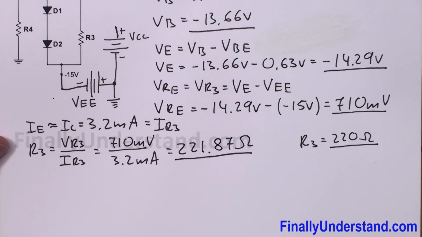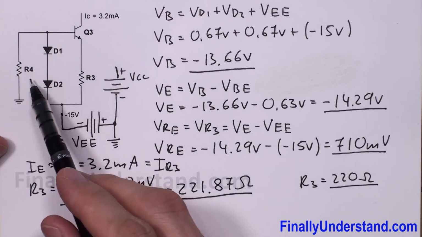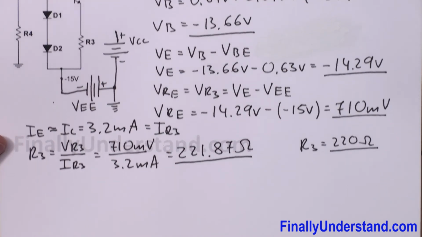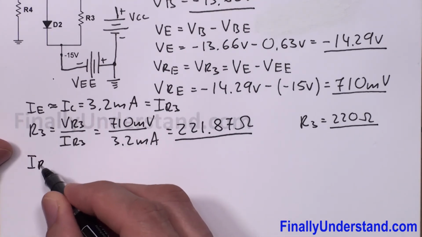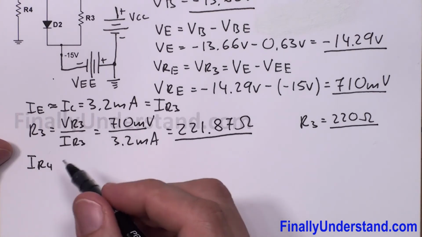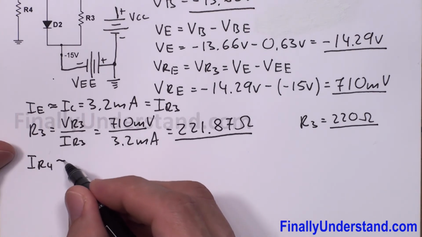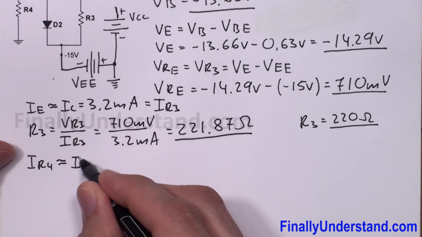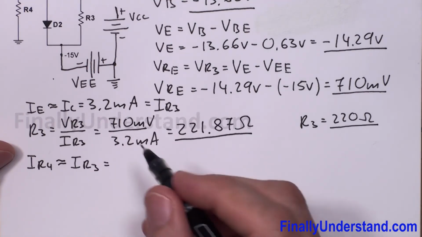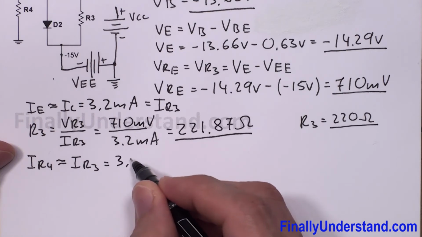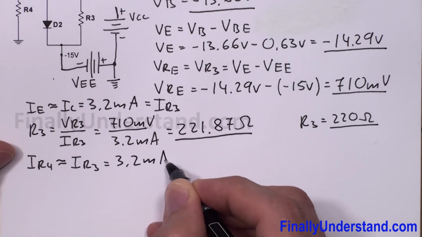Okay, so next, in order to find resistance R4, you're supposed to keep in mind that IR4 is approximately equal to IR3, and this is equal to 3.2 milliamps.